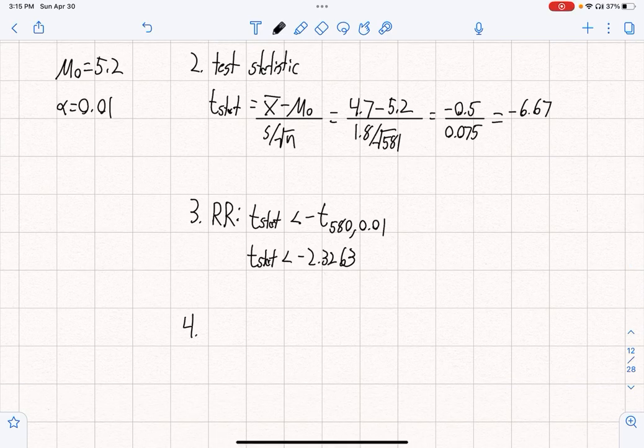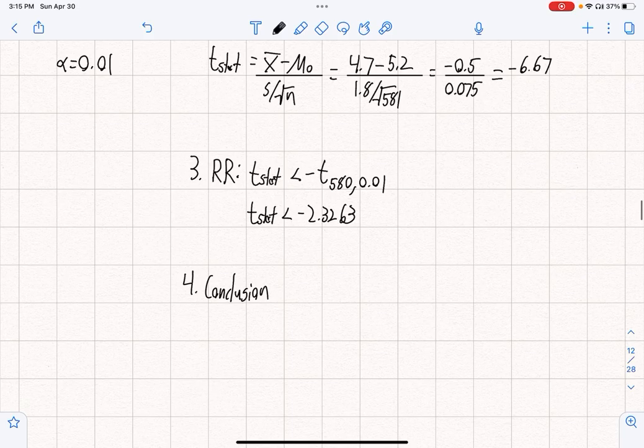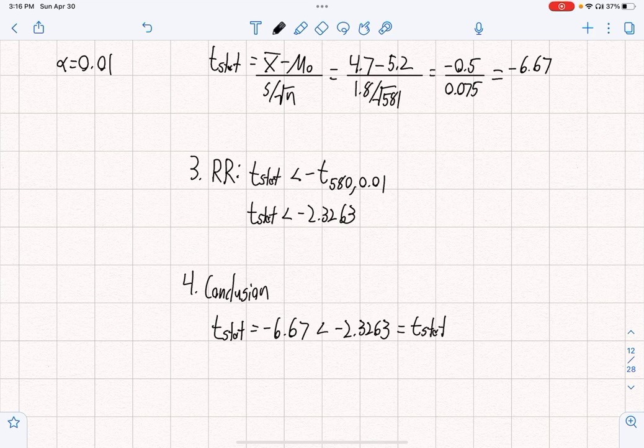Step 4, conclusion. We plug our test statistic into our rejection region. We have t-stat equal to negative 6.67, which is less than negative 2.3263. This is indeed true.